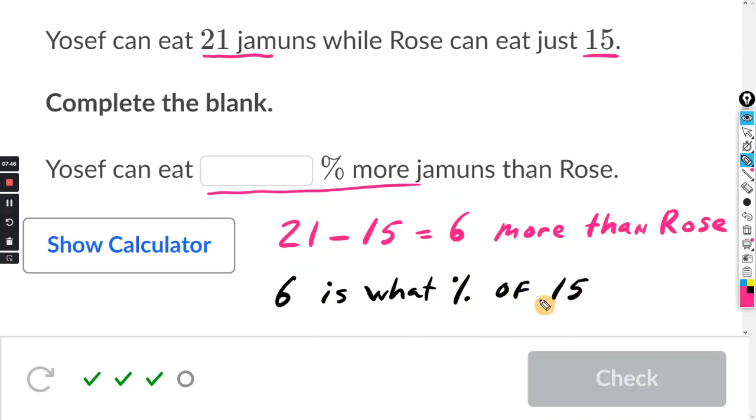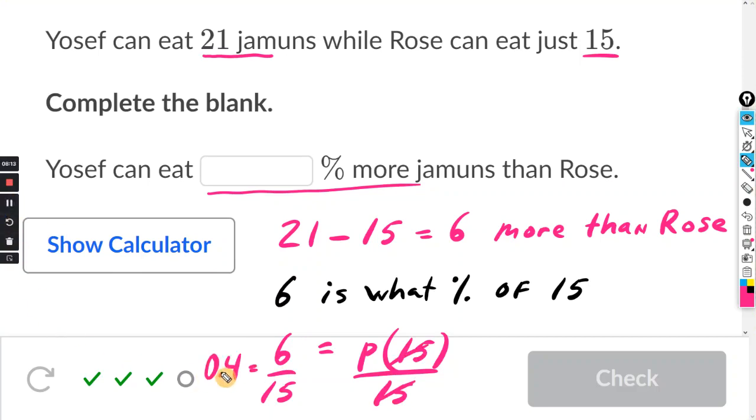Okay, so you translate this into an equation. 6 is what percent? So we'll just say P of is multiply times 15. Solving for P, the opposite of times 15 is divided by 15. You do that to both sides. The 15s cancel. Do this on the calculator. And I get 0.4.